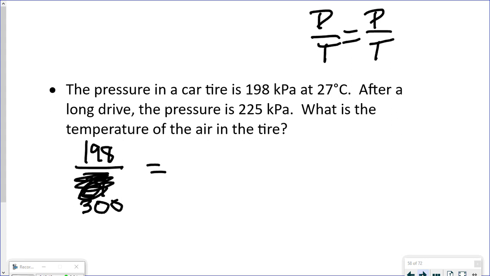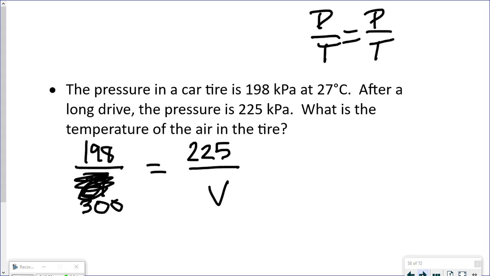And we're looking for our final temperature. These tend to be the trickier ones to solve for because you have to make sure to get the unknown off the bottom. So in situations like this, I might simply cross multiply to make it easier on myself.